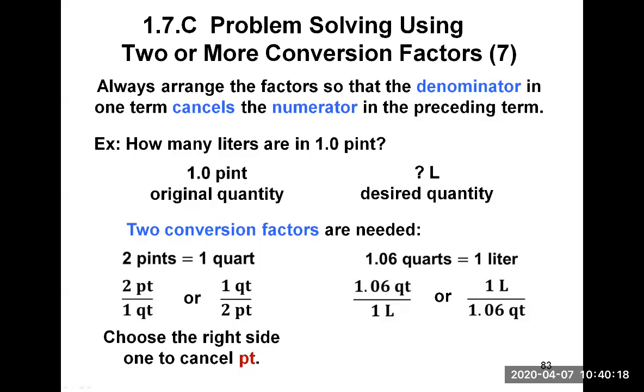So the second conversion factor will need to have quart in the denominator so that we can cancel the quart in the first conversion factor. So you will choose again the conversion factor on the right side so that we can cancel quarts. And then you will be left with liters in the numerator, which is the desired unit. So that's what you want.